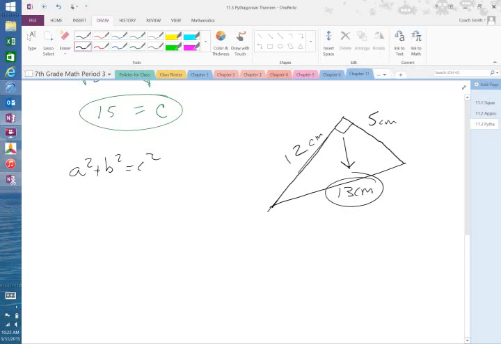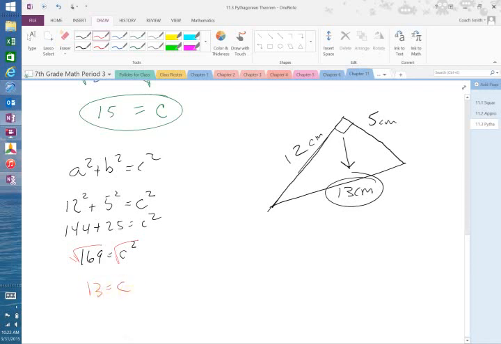A squared is 12 squared plus B squared, which is 5 squared, equals C squared. So that's 144 plus 25 equals C squared. That's 169 equals C squared. Take the square root of 169 and the square root of C squared. That's 13 equals C.